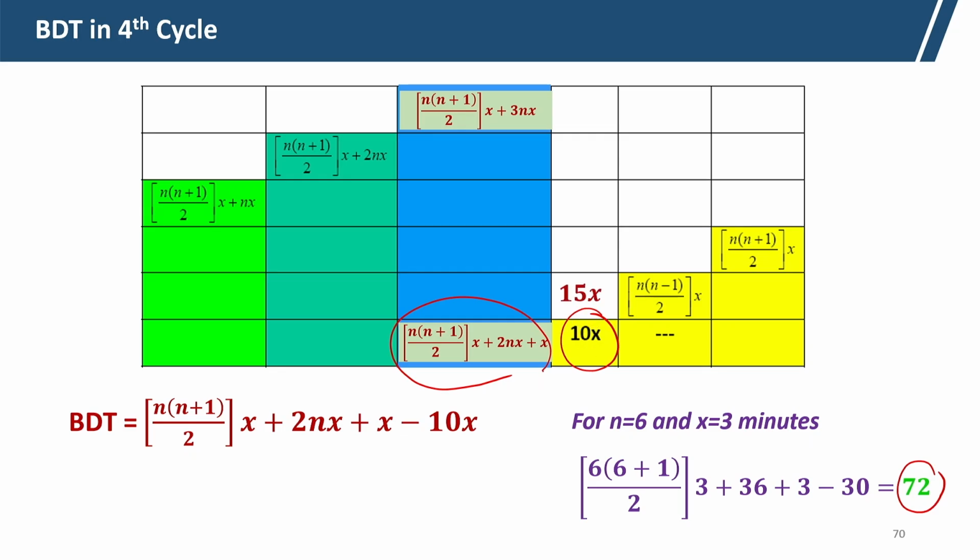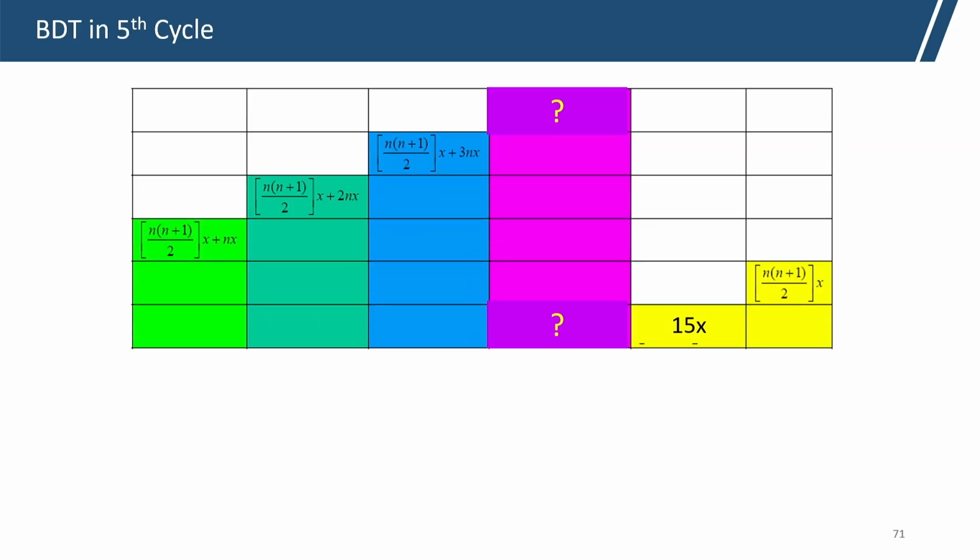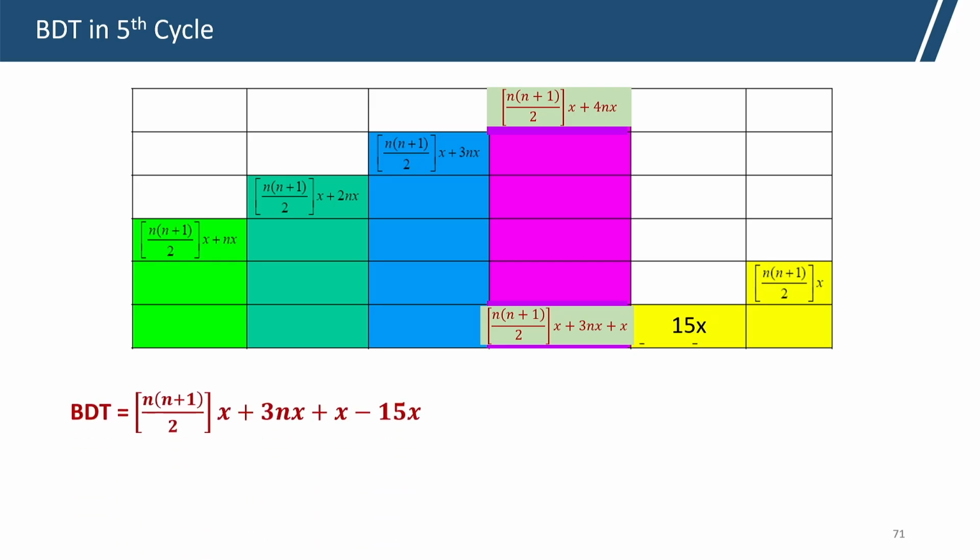Now, for the fifth cycle again this one will continue. So, this minus this, and here the maximum is n into n plus 1 by 2 x multiplied by 3, n x plus x minus 15x. This is the blending delay time for the fifth cycle.